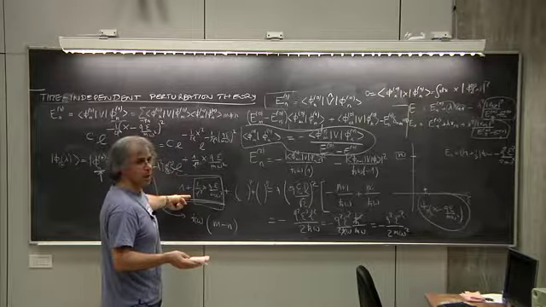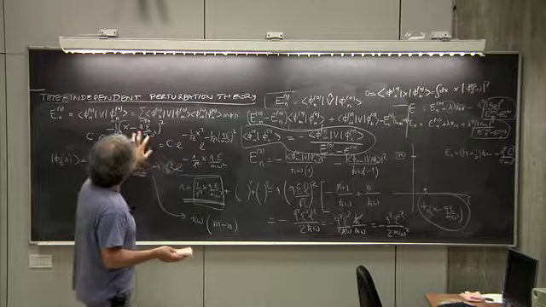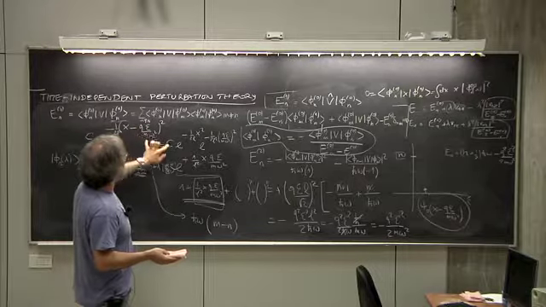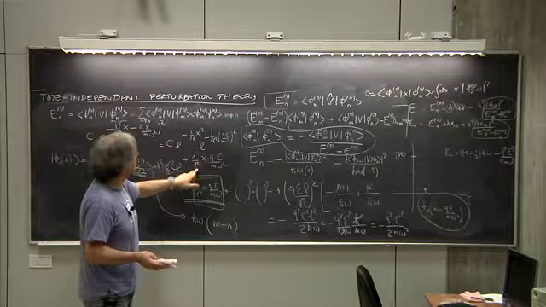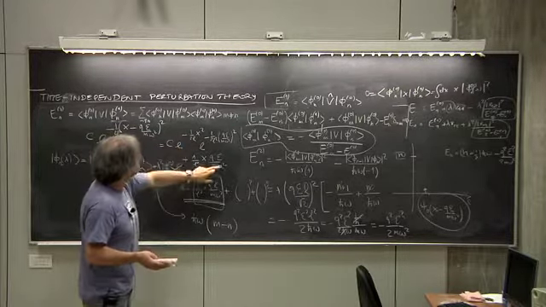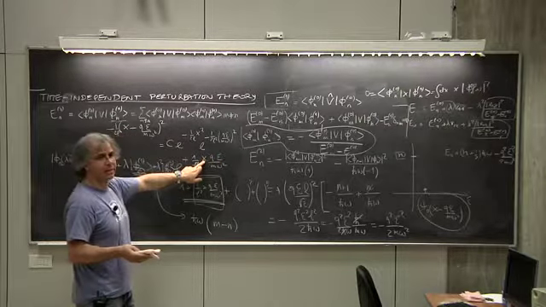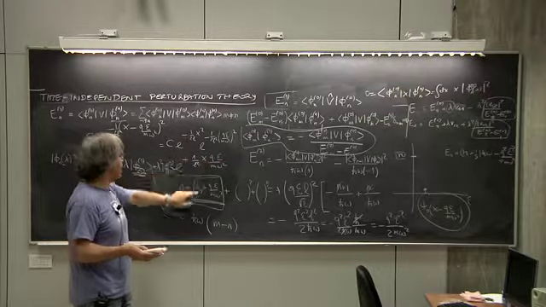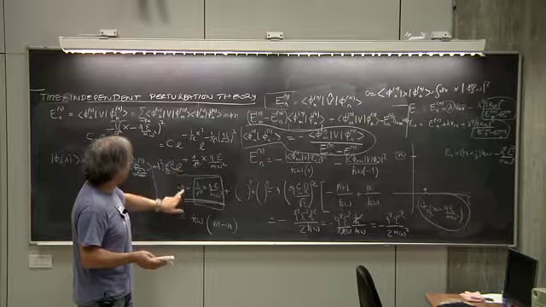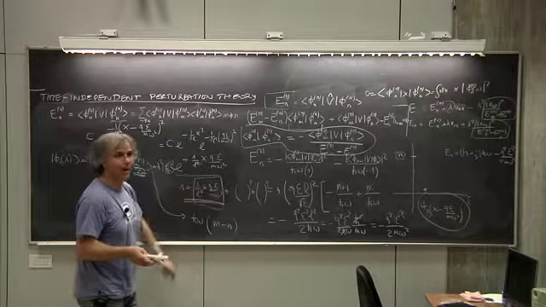Okay. Did you follow the expansion of the square of the Gaussian? I took this exponential to the power x, and I expanded into 1 plus x plus x squared.